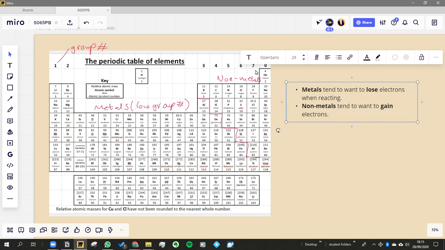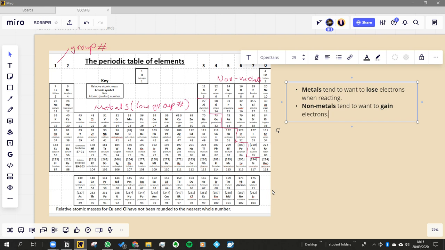Non-metals, on the other hand, especially the most reactive non-metals, which is group 7, the halogens, have a nearly full outer shell. So it makes more sense for them to fill that outer shell. So that's what metals tend to do, and that's what non-metals tend to do.